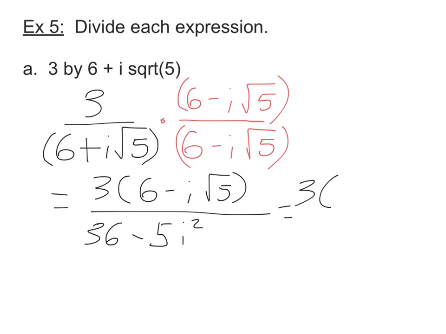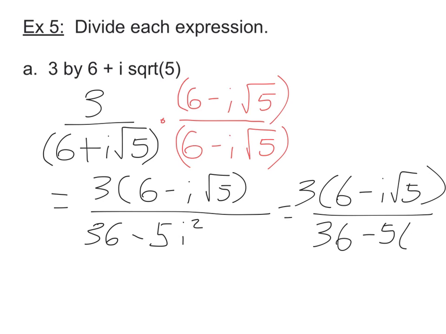Let's keep going. 3 times the quantity 6 minus i square root of 5 over 36 minus 5i squared. 36 minus 5 i squared, again i squared is negative 1. Now I do want to go ahead and distribute that 3, all over negative 5 times negative 1 will get us a positive 5.